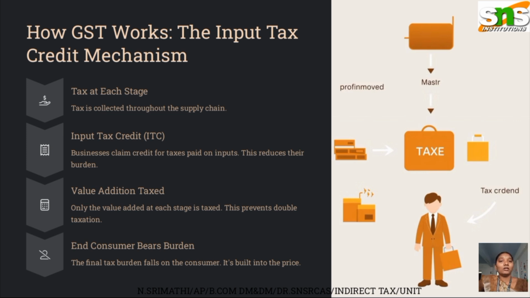And the final tax burden falls on the customers. The wholesaler needs to pay, the retailer needs to pay, the proprietor needs to pay. Yes, they all need to pay, but the whole tax burden goes to the customer only, because the production cost is 2 rupees, but the final product price is 10 rupees, or 5 to 6 rupees.